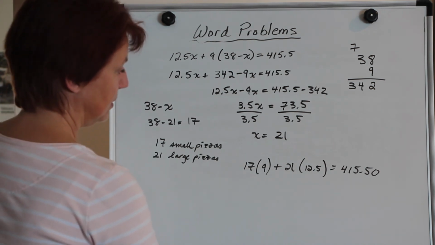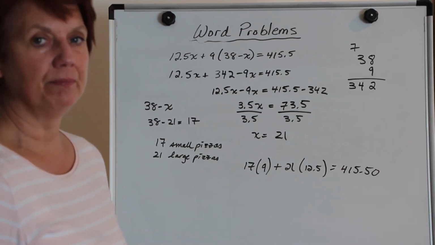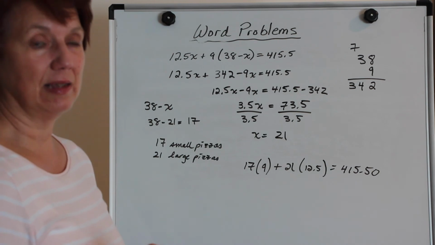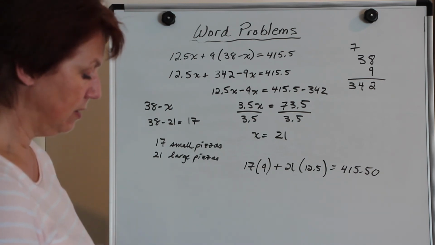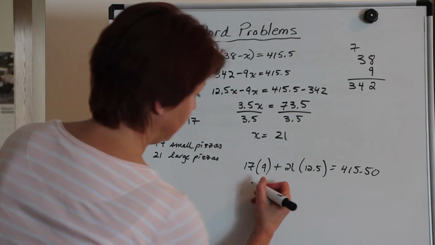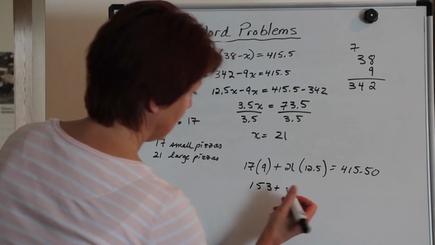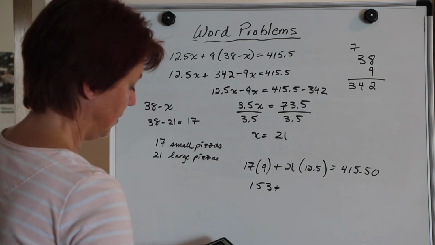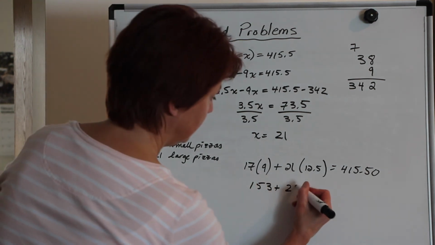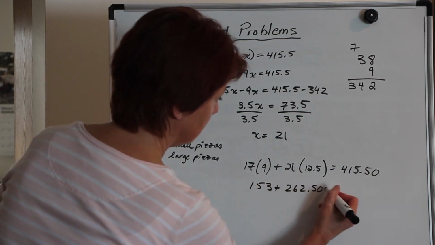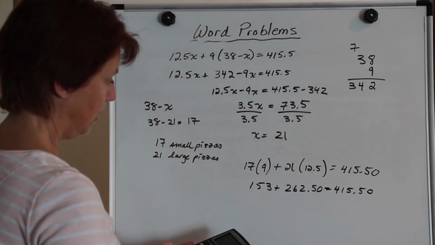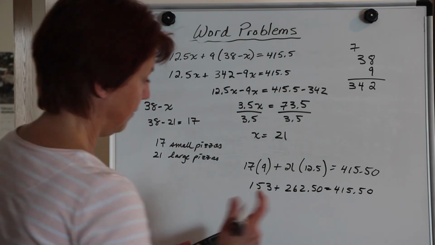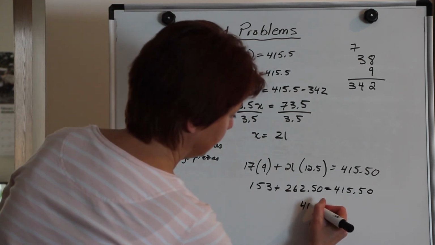So 17 times 9 is 170 minus 17, because we don't have 10 17s, we only have 9. So 17 times 9 is 153. 21 times 12.5 is 262.50. And does that equal that? We add the 153 to what we had before and it works.